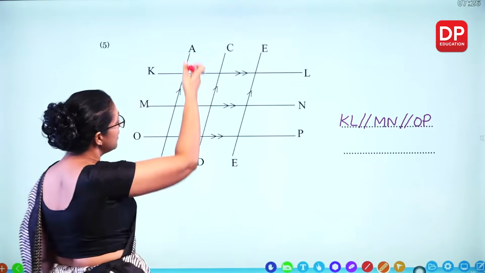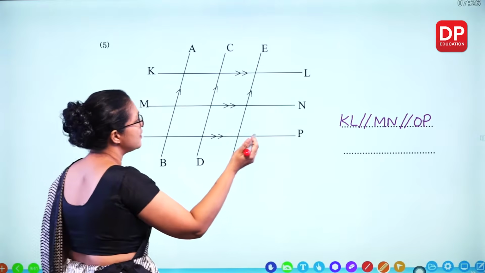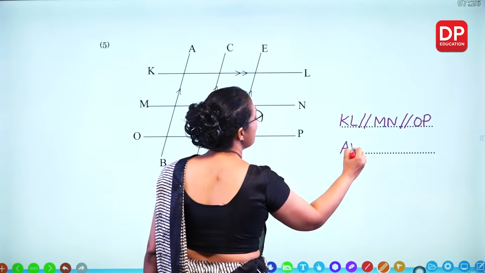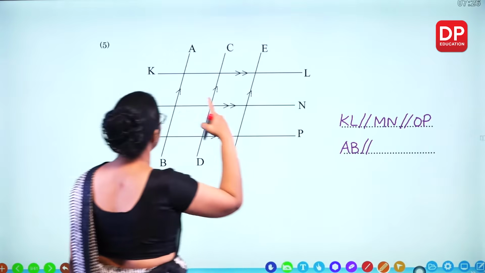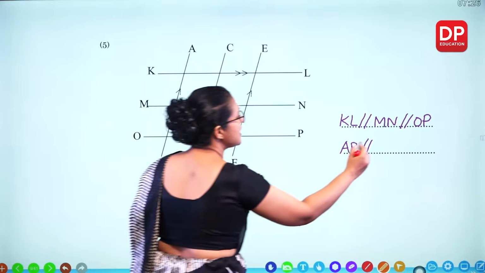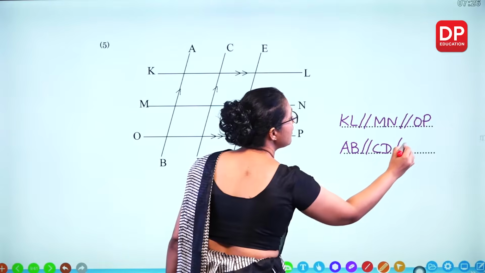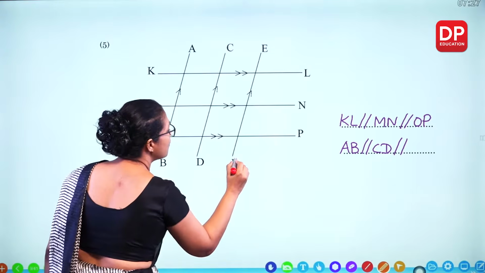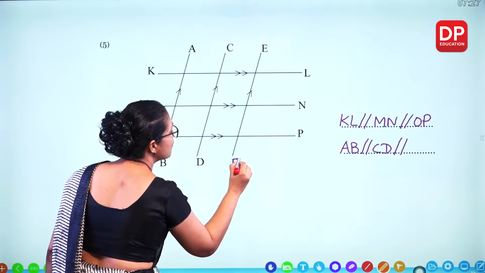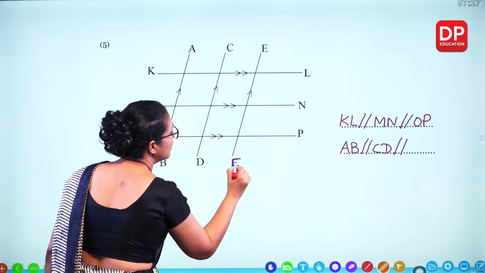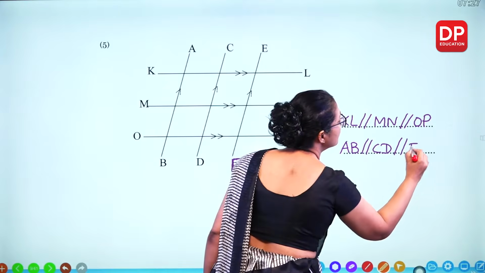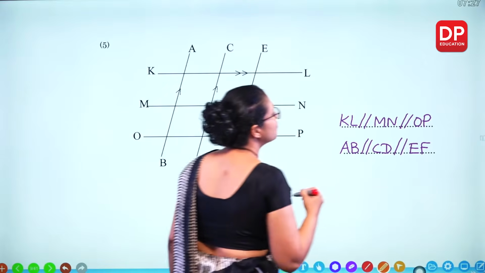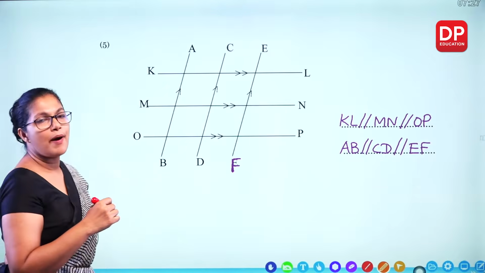When you take this way, what are the other parallel lines? AB is parallel to CD, parallel to EF. I'll take this point as F. So these lines are parallel to each other.